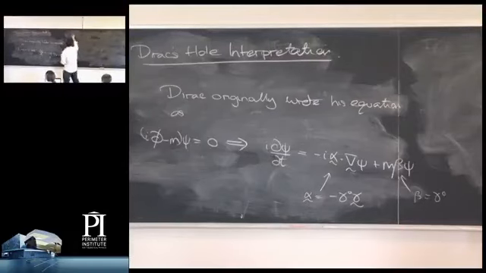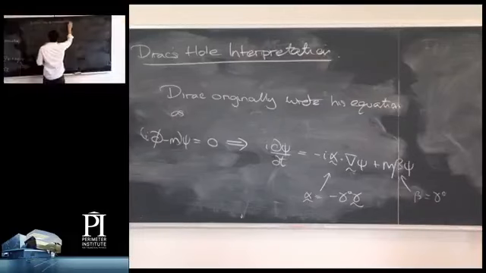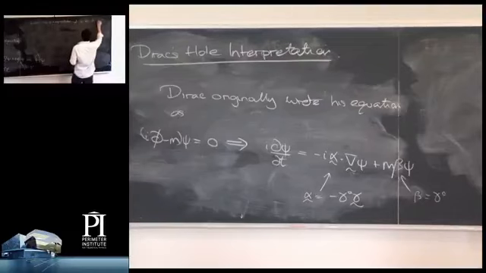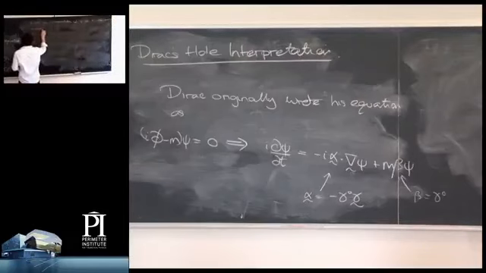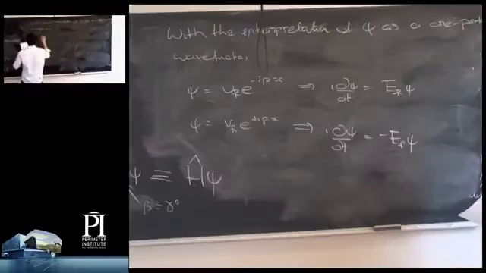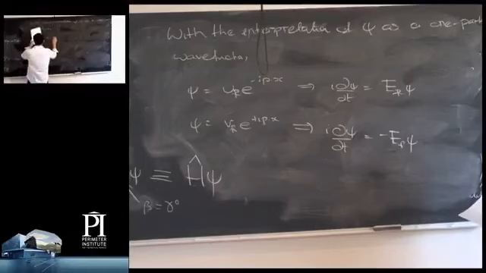When you have this interpretation, of psi as a wave function, and in particular as a one-particle wave function, then we can look at the solutions which we found in the last lecture.